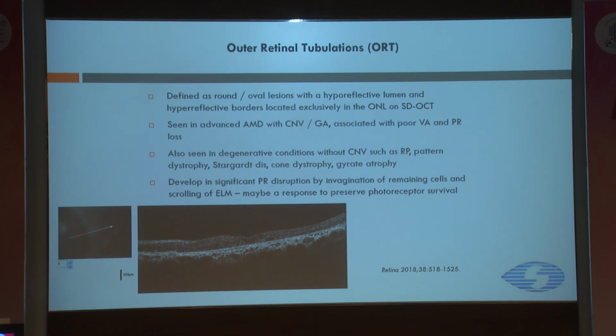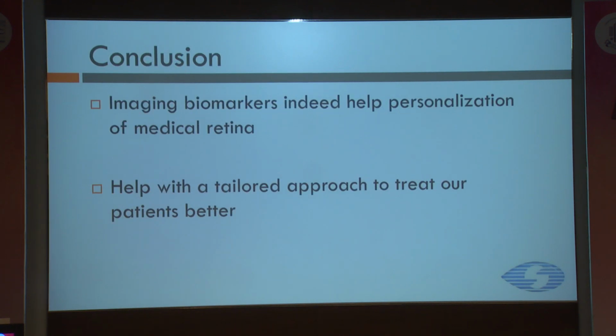They are seen in advanced AMD, CNV, and GA associated with poor vision and photoreceptor loss, and even in degenerative diseases and dystrophies like retinitis pigmentosa, Stargardt's, etc. They develop because of photoreceptor disruption, by invagination of the remaining cells and scrolling of the ELM. It may be a response to preserve photoreceptor survival, but they carry a poor prognosis, and this could be one indication to stop therapy in such patients.